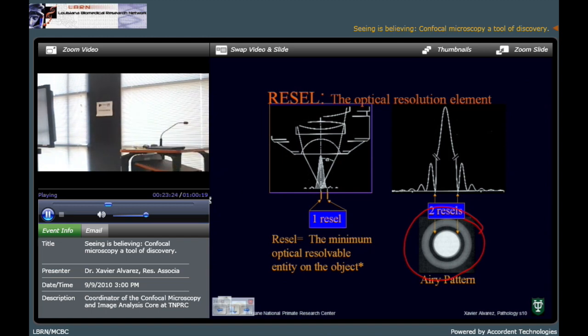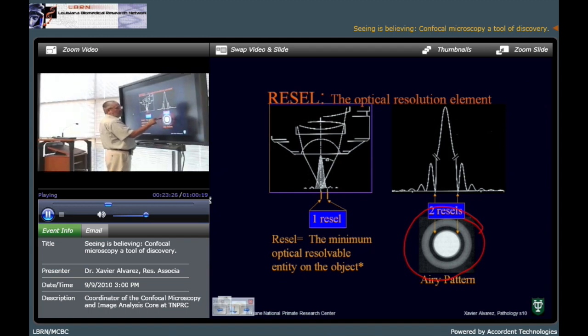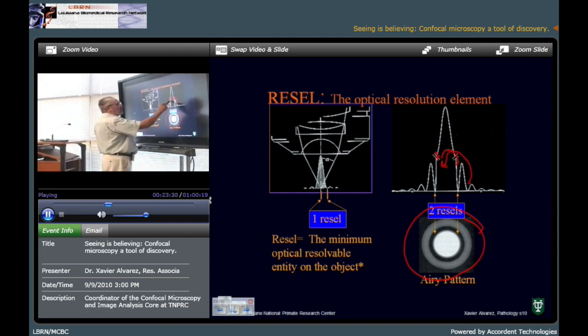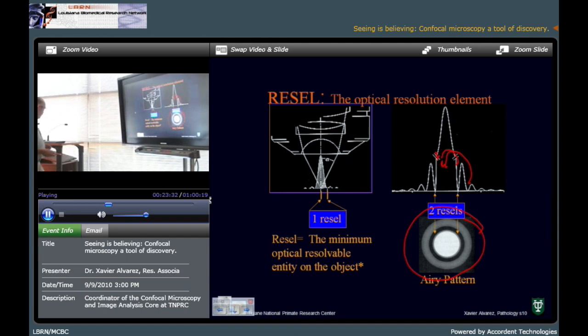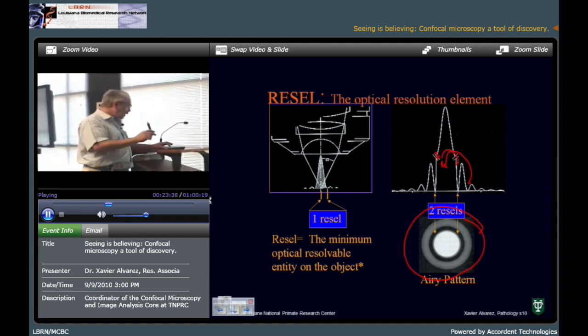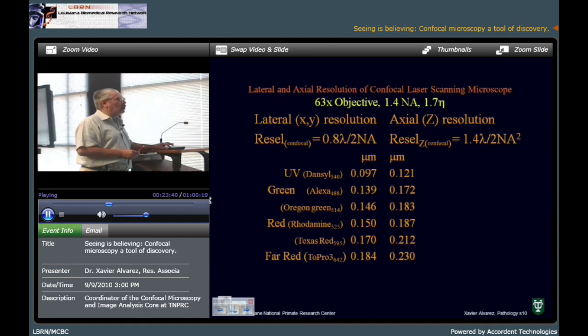I want to have all the light that is coming from that point. Here I go here and then here. Okay, and in 3 dimensions, the point spread function looks funny. I'm not going to show you.